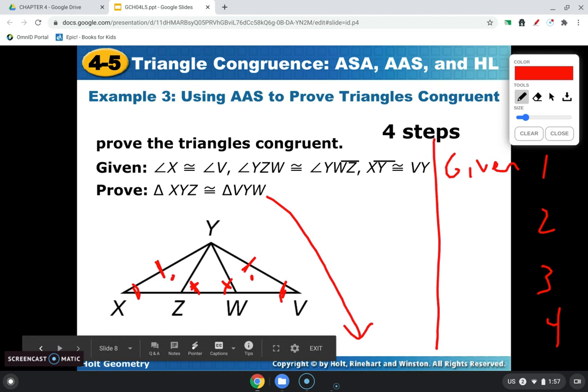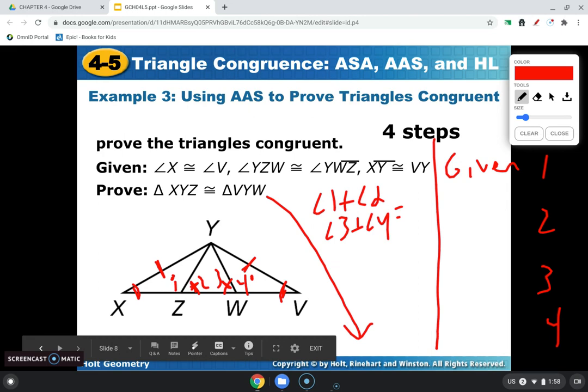Well, I'm going to make my life easy here. I'm going to call this 1, 2, 3, 4. We know that angle 2 is congruent to angle 3 because they gave it to us. Well, what would angle 1 plus angle 2 and angle 3 plus angle 4 have to add up to?